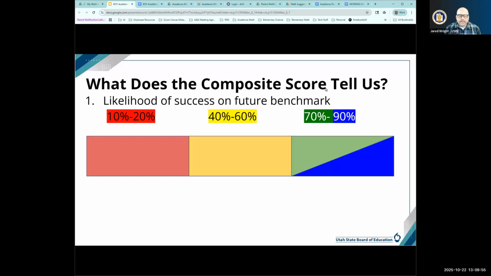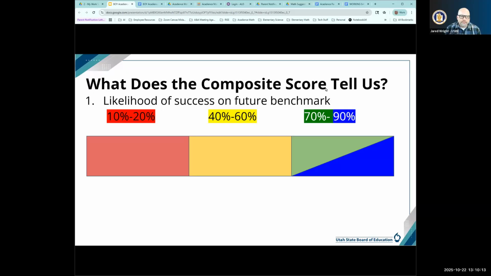That gives us an idea of how successful these students are going to be. Today we're looking at beginning of year, so how likely are they to be successful at the middle of the year when they take this assessment again?